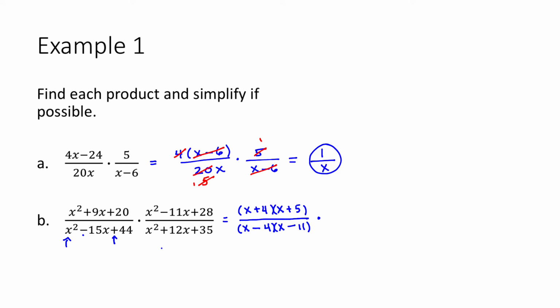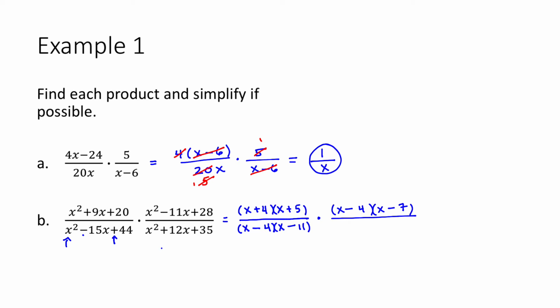Now we've got x squared minus 11x plus 28. So again, I'm going to factor into two binomials, x and x. 28, how about 4 and 7? And they're both going to be minus.